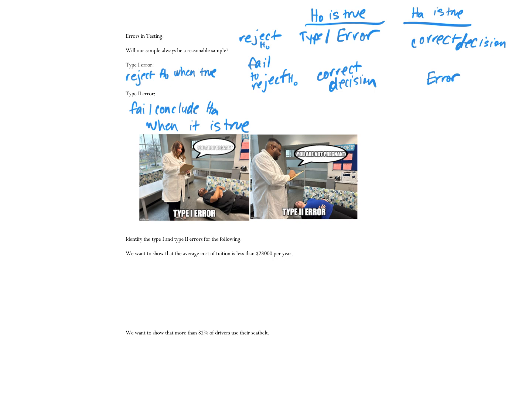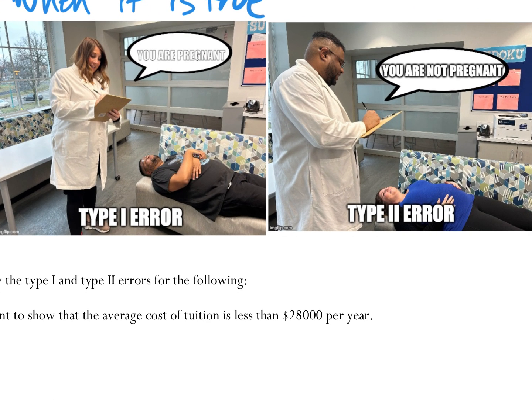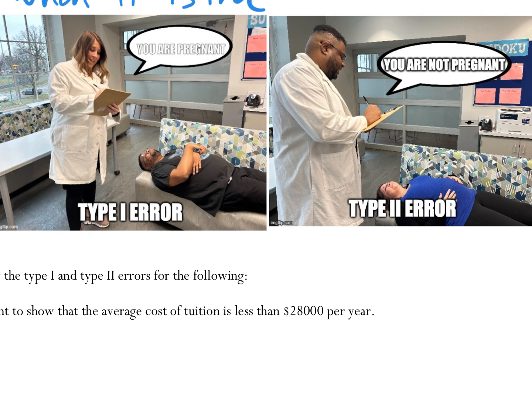So, you guys, in a pregnancy test, the null hypothesis is not pregnant, because most people are not, right? And then the alternative is pregnant. Hence, if Lombardi tells Wappy that he's pregnant, that's a type 1 error.